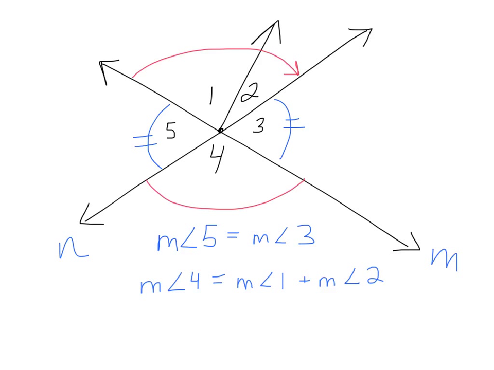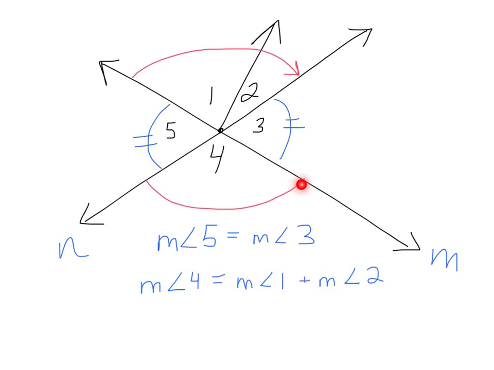And again, the reason why this works is because we have 2 straight lines intersecting, and we know that when 2 straight lines intersect, vertical angles are congruent. So it's perfectly acceptable to say that this angle is comprised of 2 angles, and this angle is formed by 1 angle.